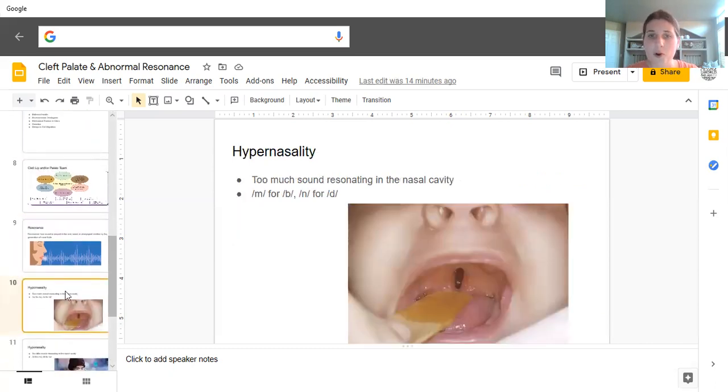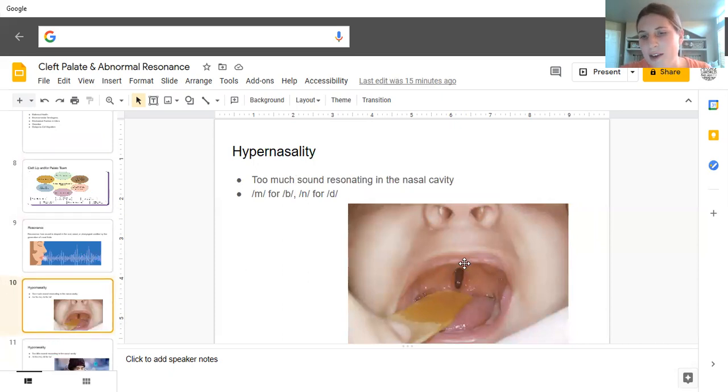So now for abnormal resonance, hypernasality is one. This is where there is too much sound resonating in the nasal cavity. This is not very common. You're pretty much only going to see this in individuals that have cleft palate, or there might be something wrong with their velopharyngeal mechanism.